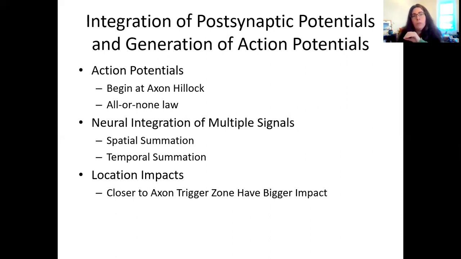For each neuron, when an action potential is sent, the speed of that action potential, its velocity, and its magnitude remain the same. It's independent of the intensity of the stimulus. Once the threshold is reached and that nerve fires, that message is transmitted at the same speed and magnitude every time for that neuron.